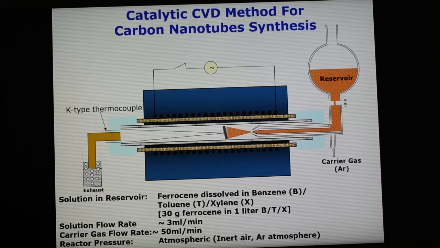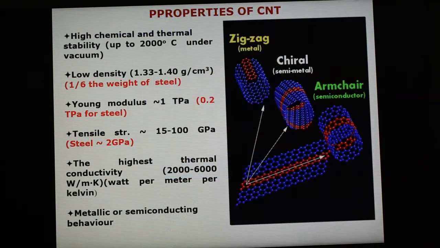So this is the base method for the synthesis of carbon nanotubes. Now what are the properties of these carbon nanotubes? These properties show different mechanical properties: it is as stiff as diamond, and shows a Young's modulus greater than 1 terapascal, and tensile strength equal to 200 gigapascal.